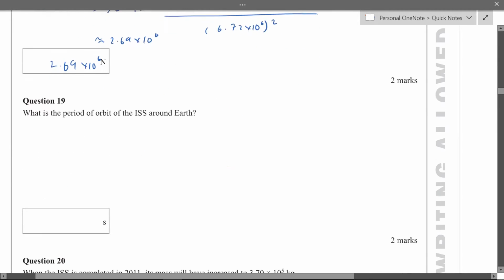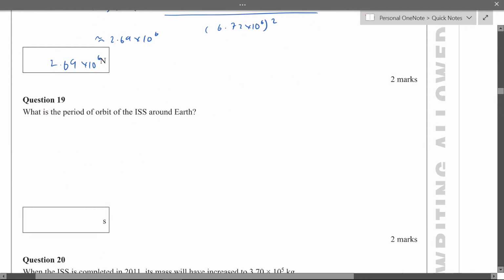What is the period of the orbit? We can get that equation if we equate these two things. We know how to do that, but the final equation we would get is this one. R is 6.72 times 10 to the 6.